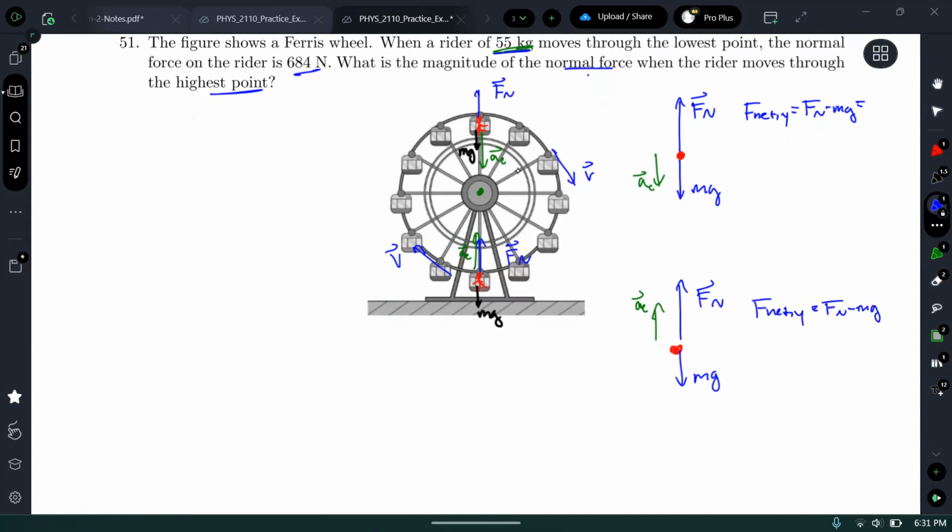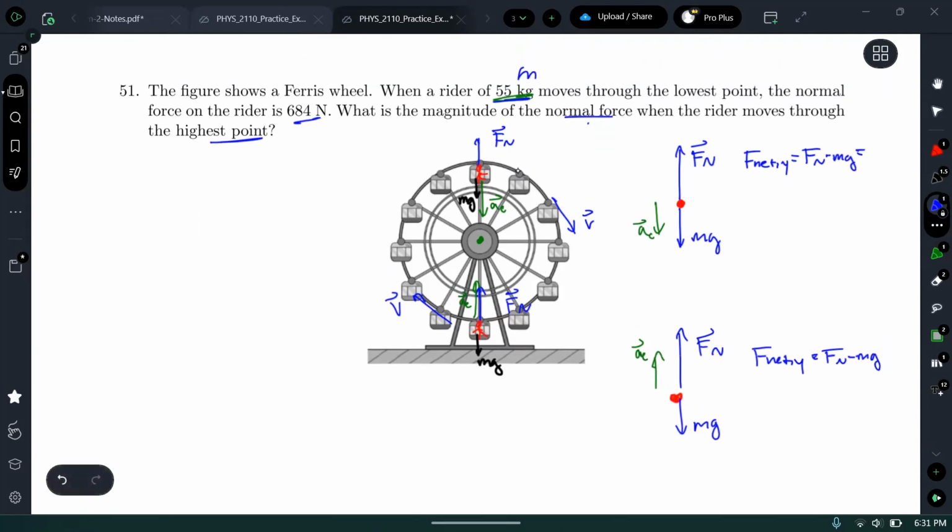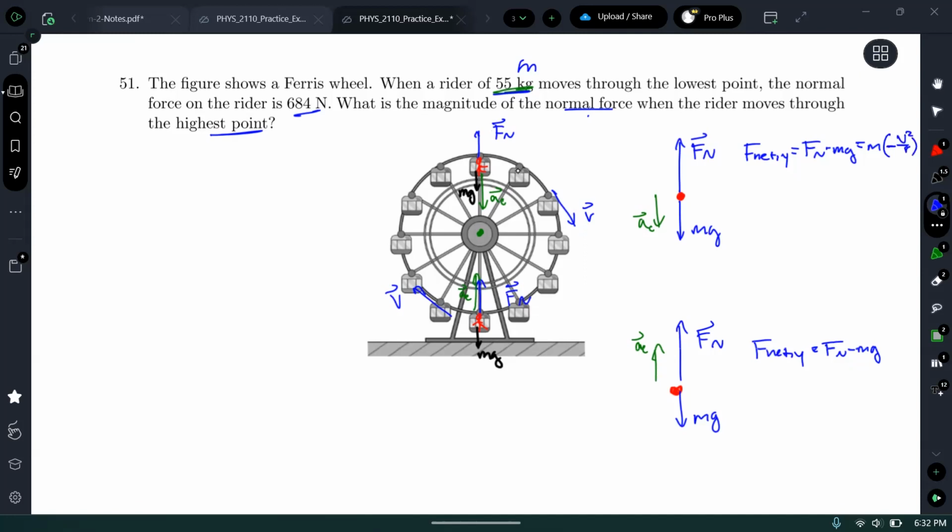The difference comes in on the right-hand side. It's equal to mass times acceleration, but the acceleration is centripetal. For the guy on top, centripetal means downward because that's where the center point of the Ferris wheel is. So for him, I use a negative v squared over r.